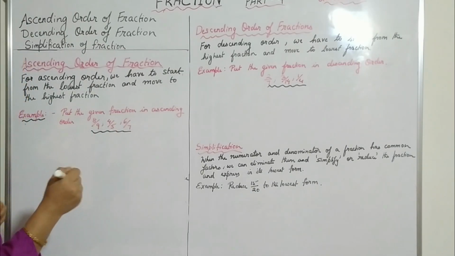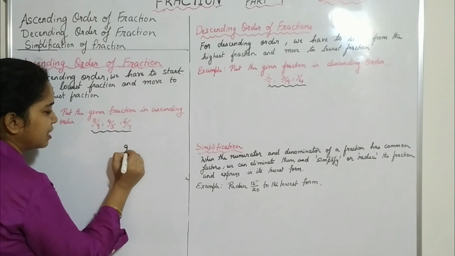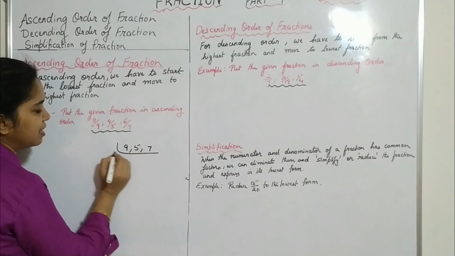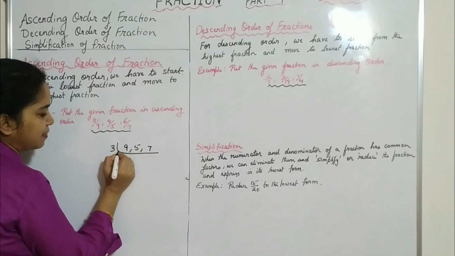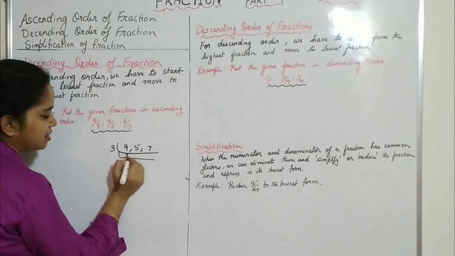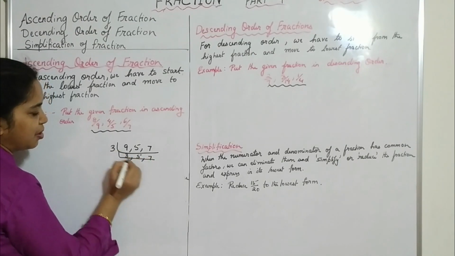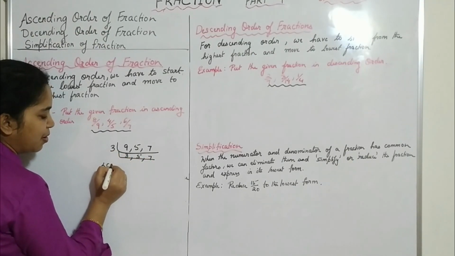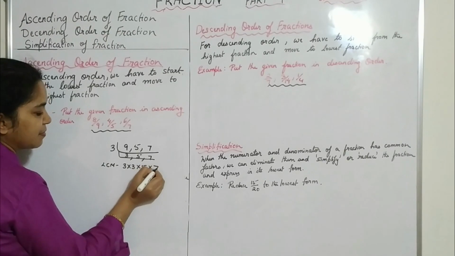First, what we have to do is take the denominators. What are the denominators over here? 9, 5 and 7, and we have to find the LCM of them. How will we find the LCM? If we divide by 3, then 3 threes are 9, then 5 and 7 cannot be divided further. So the LCM of all the denominators is 3 into 3 into 5 into 7.